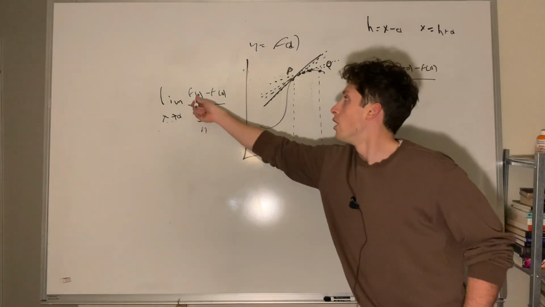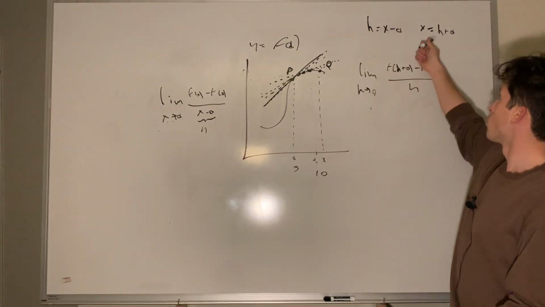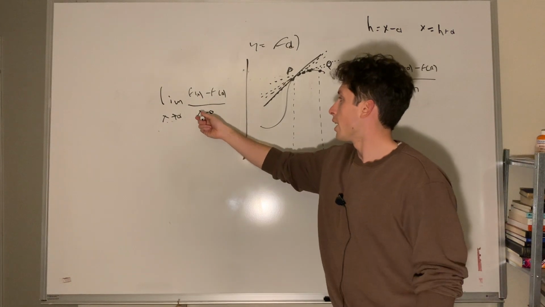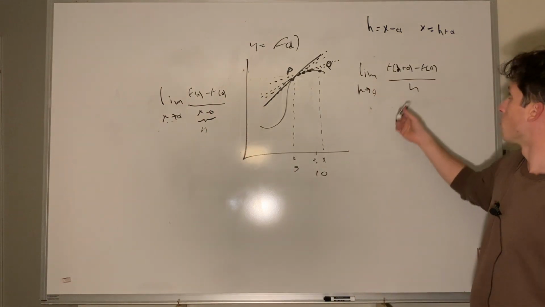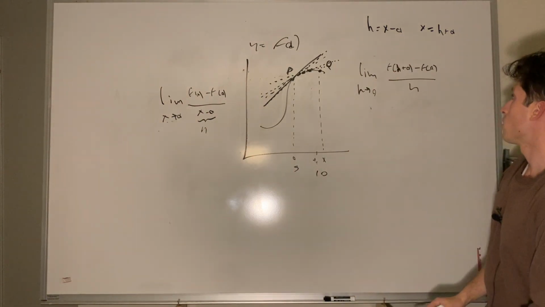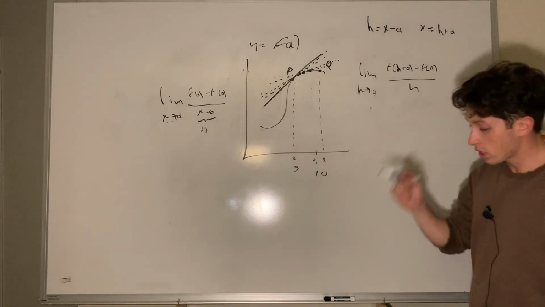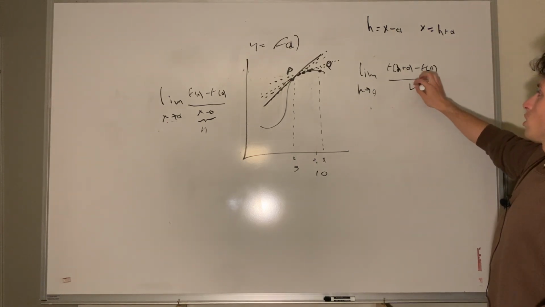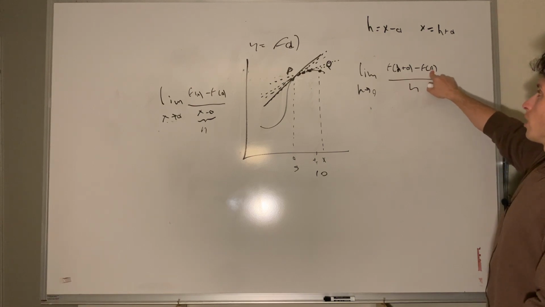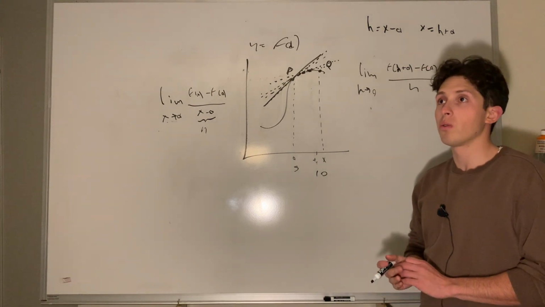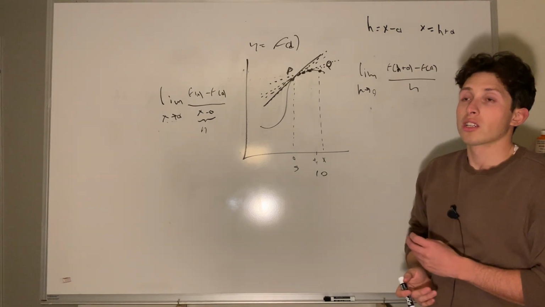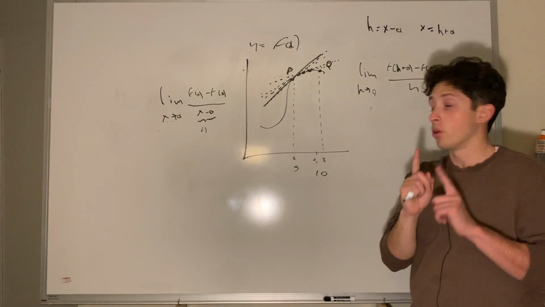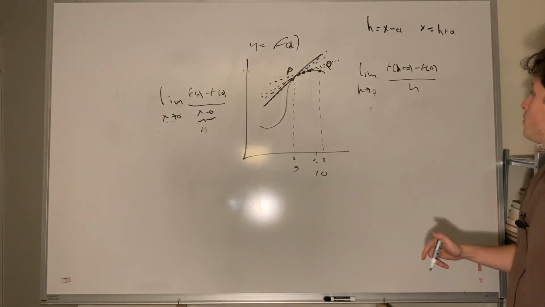So you can see x goes here, but we're using this definition, and x minus a goes here, but we're using this definition. So as you can see, we are just watching one point, which is what we wanted, right? We wanted to know the slope of the tangent line for one specific point, which we have here.